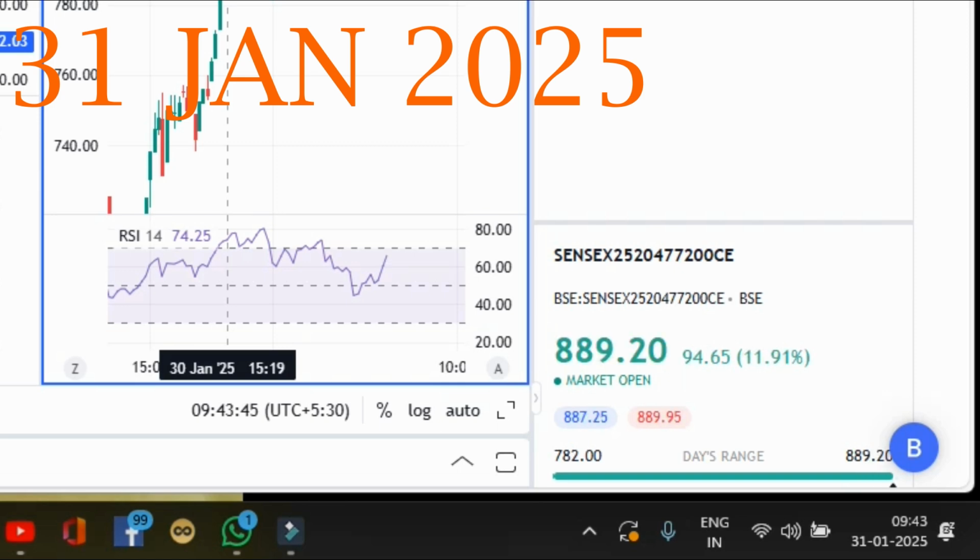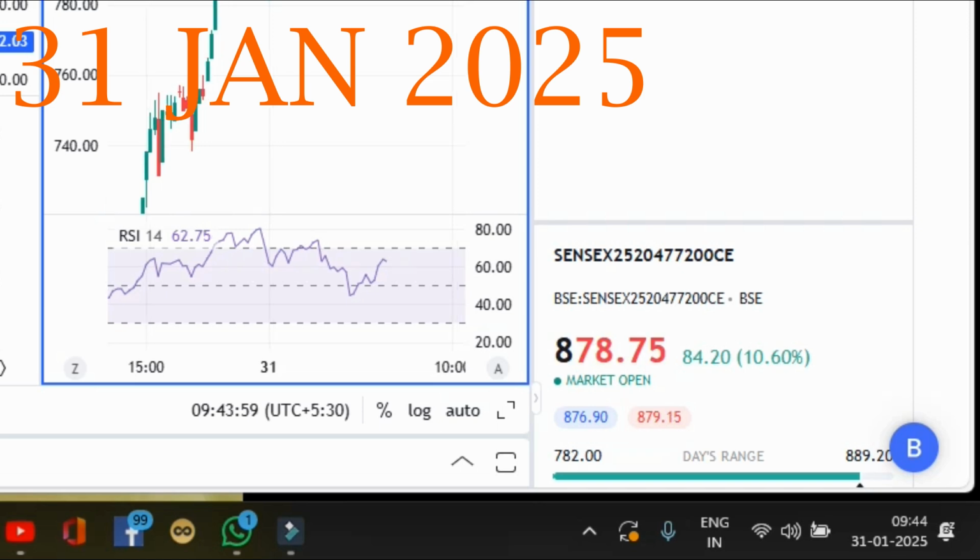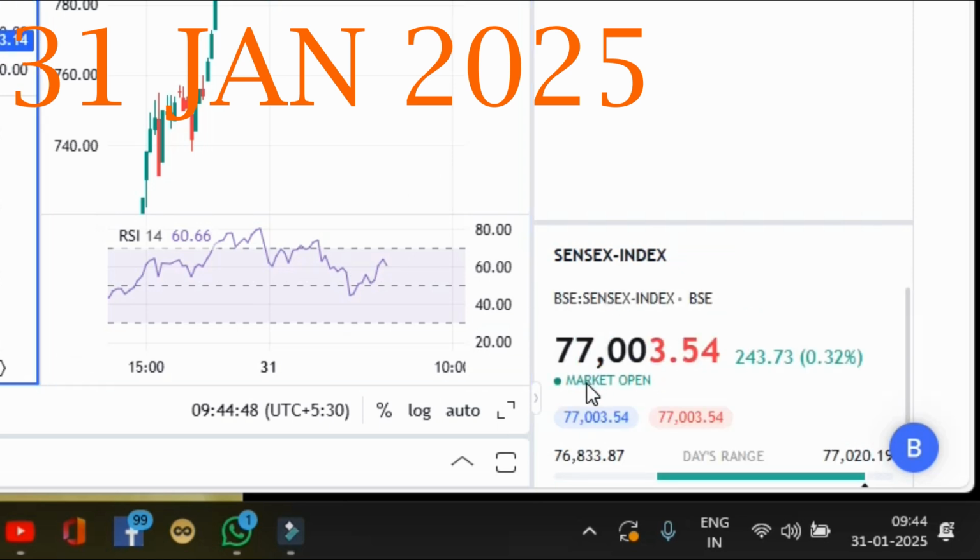See. Okay, and I think it will move towards 900 also. But anyways, our target is done for the day. We need to be happy with what is done, right? Let us check the Sensex price.